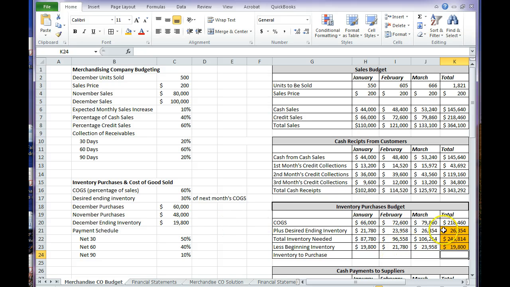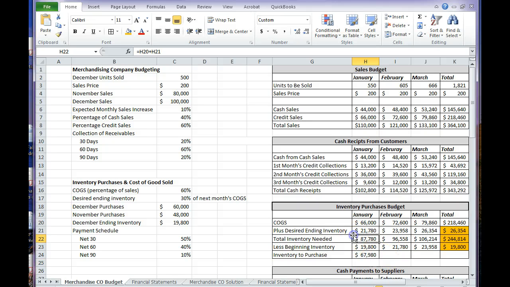So these 3 boxes are slightly different. You have to think about what they're asking here. Here we're asking for beginning inventory. Here we're asking for ending inventory. Okay. Now on this one, all right, what do we need? I need 87,000. I already have this, which means I need to buy 67,000.